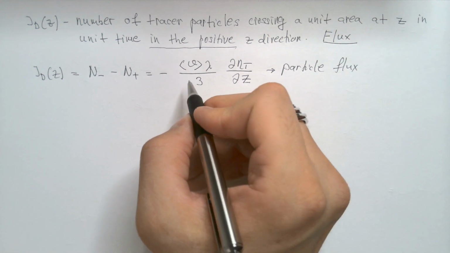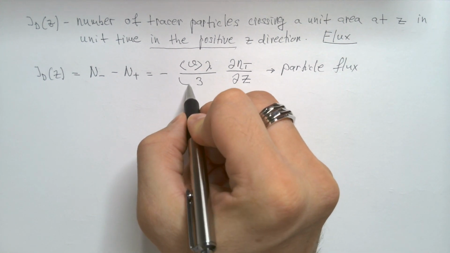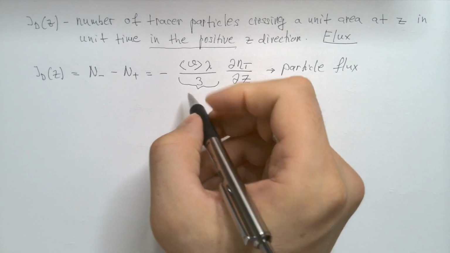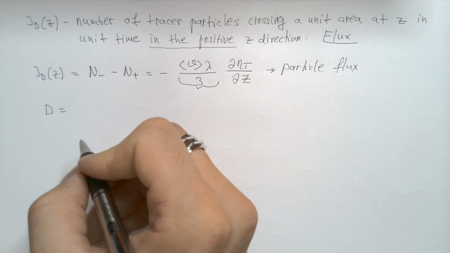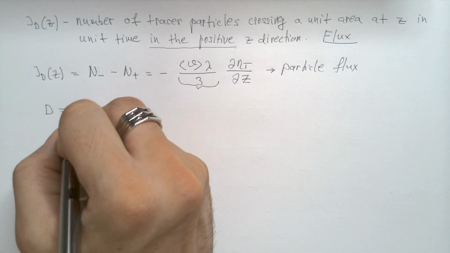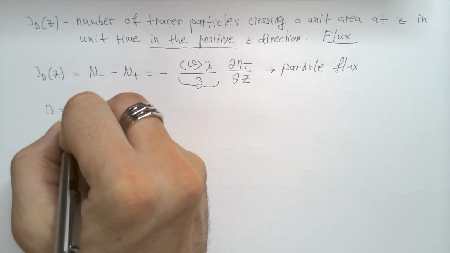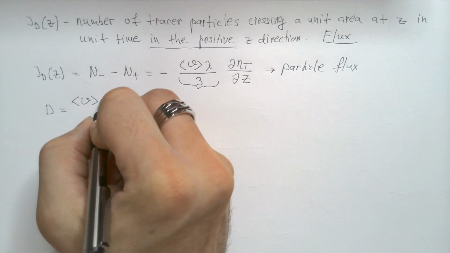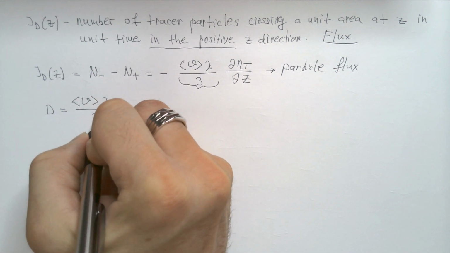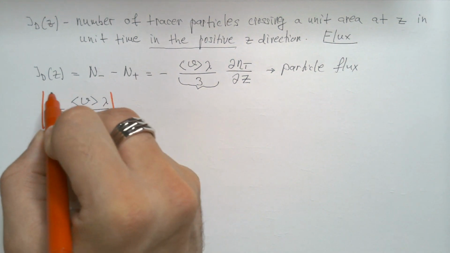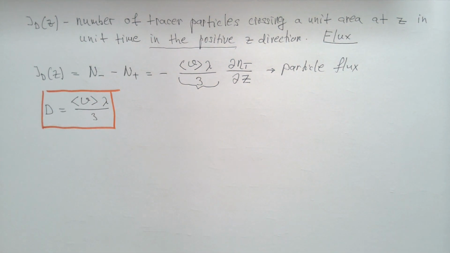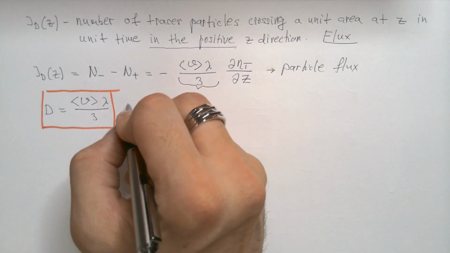Extremely important quantity is this over here, namely D, that's what we call D, the coefficient of self-diffusion, equal to average v times lambda divided by 3. Finally, we managed, after a long video, to derive our coefficient of self-diffusion.